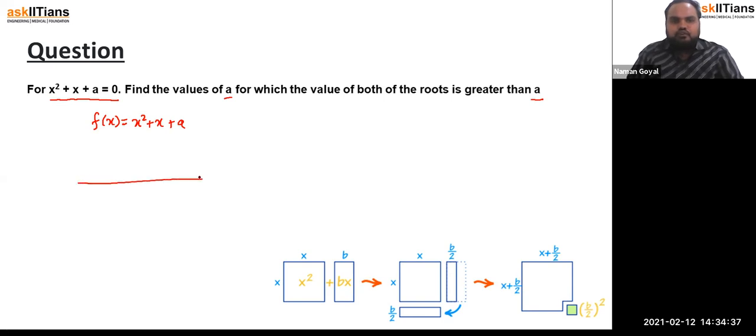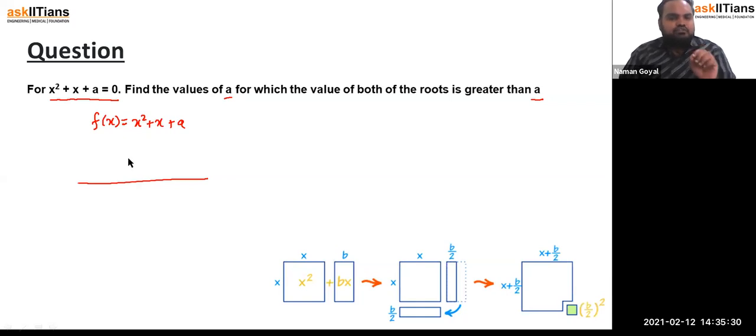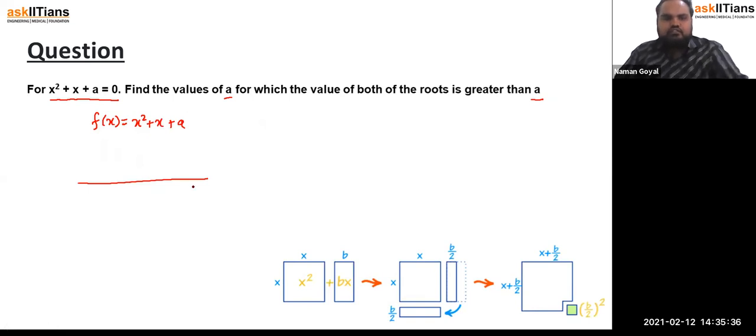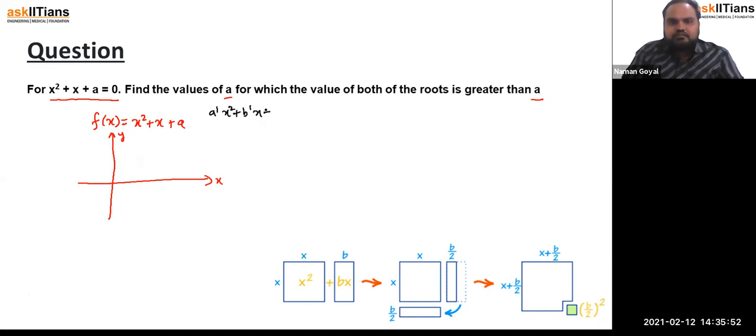So basically in this question we have two conditions. This axis we can take as the x axis, and this axis as the y axis. The graph of this quadratic polynomial, we can compare with the general polynomial a dash x square plus b dash x plus c.